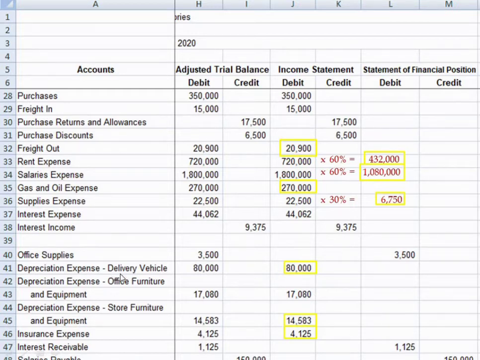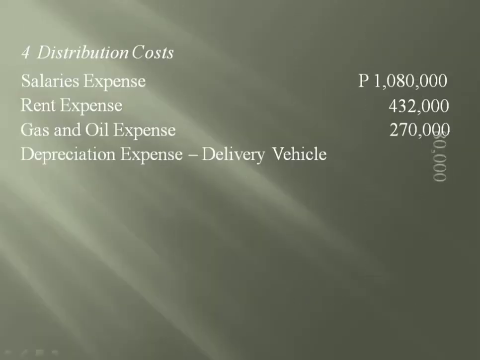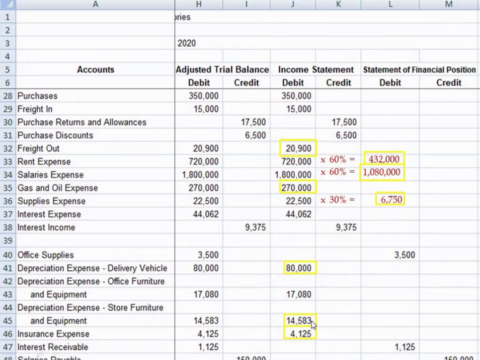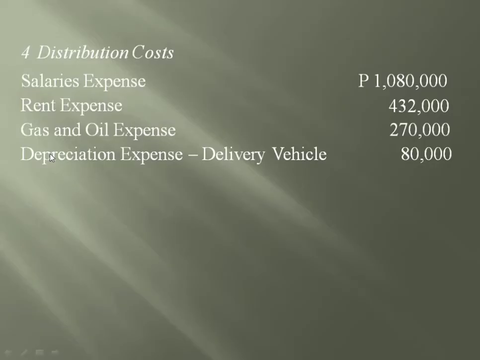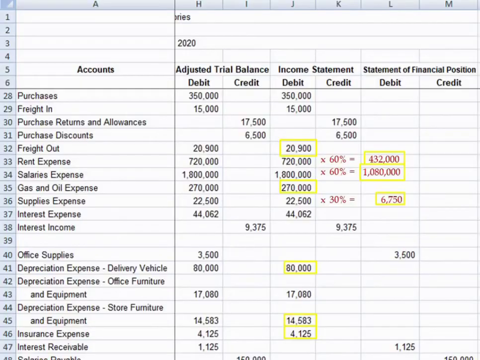Depreciation expense of delivery vehicle. 20,900 freight out. 14,583 depreciation expense of store furniture and equipment.